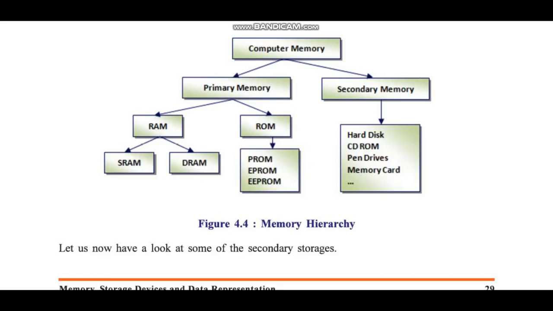In the next video, we will move to the next concept, each secondary storage device in detail, like hard disk, CD, and so on. In this video, we have seen what primary memory, RAM and ROM are, as well as the LIFO and FIFO access mechanisms.